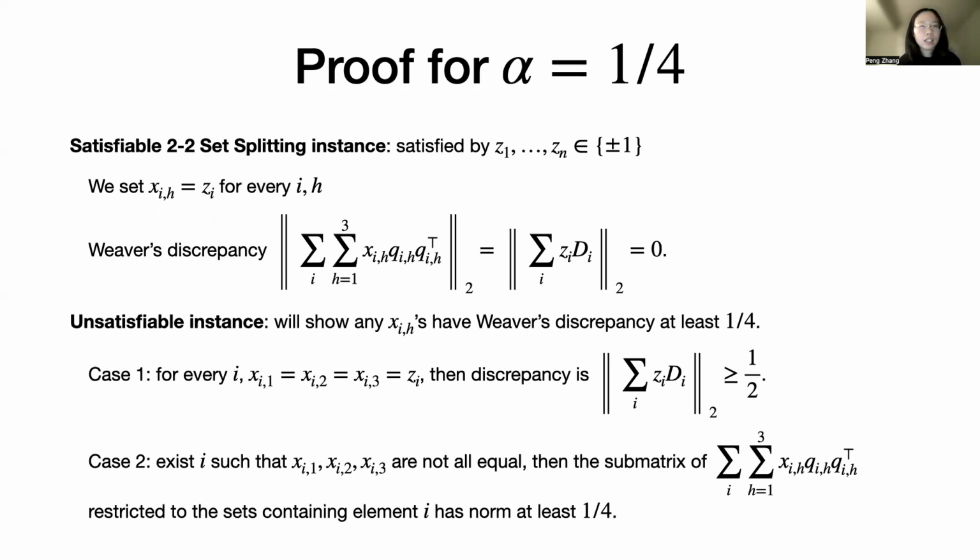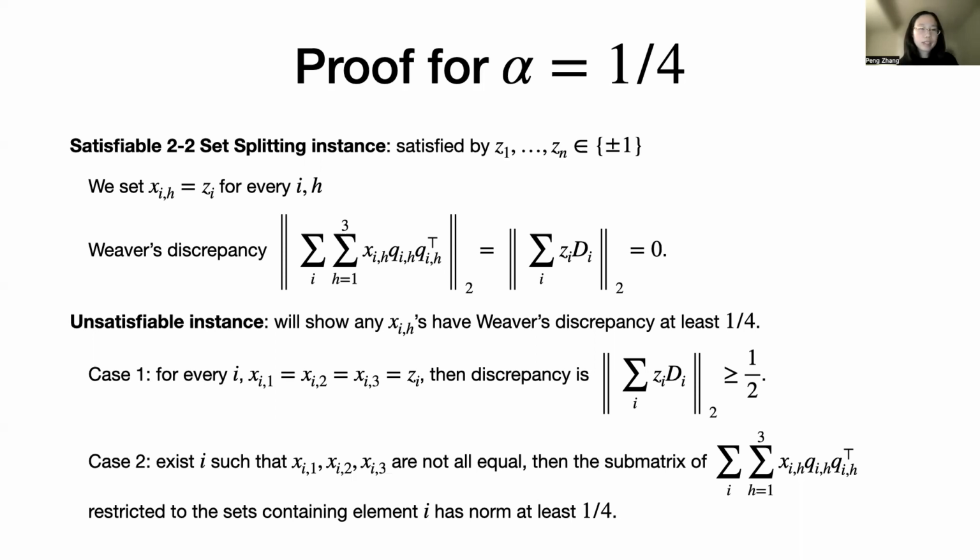Then we set every x_ih to be z_i. And then Weaver's discrepancy, the spectral norm of the sum of x_ih q_ih q_ih transpose, equals the spectral norm of the sum of z_i D_i, which is 0, because the 2-2 set splitting instance is a satisfiable instance.